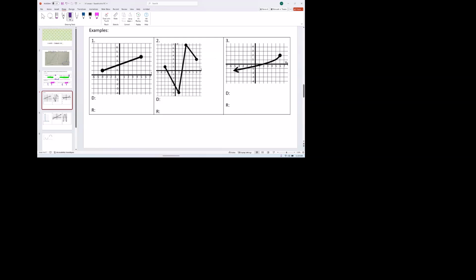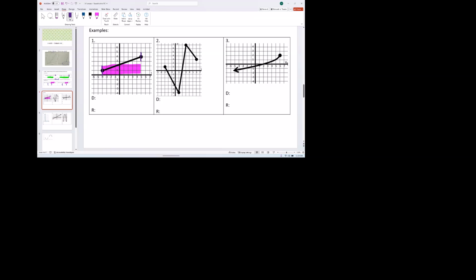So let's look at an example. So here, this number 1, we have a line segment, okay? So with this line segment, it goes from here on the x-axis to there on the x-axis. So when I'm talking about the domain, I want to look from here to here. So, what's the smallest x value that this graph touches?